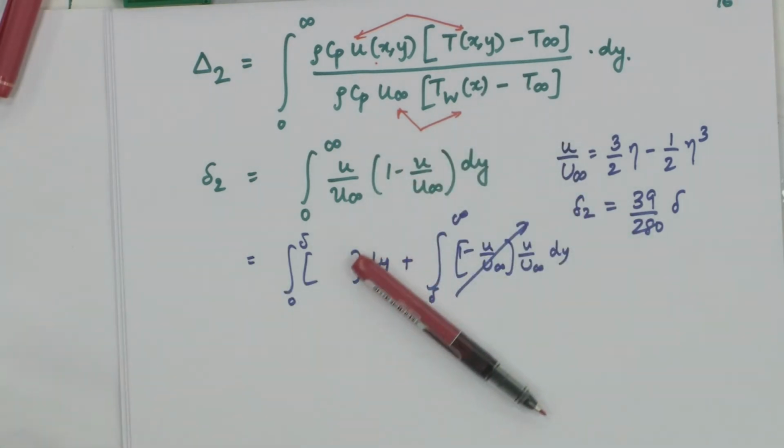Now, if both the hydrodynamic and the thermal boundary layer are of similar thickness, same order, delta of the order of delta T, then I don't have a problem at hand. Otherwise, I have a big problem. Let us see what kind of a problem this is going to be.